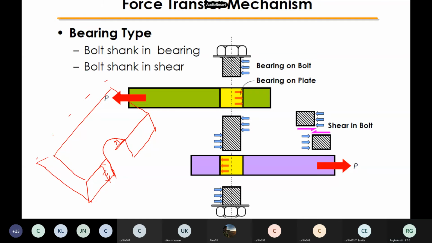It will be 2 pi r into t. That is the circumference into the height. So the bearing will be this kind of a thing. That is how the bearing comes into the picture.